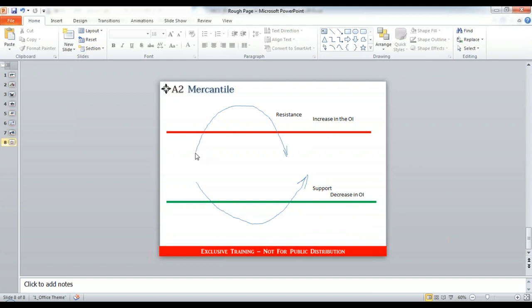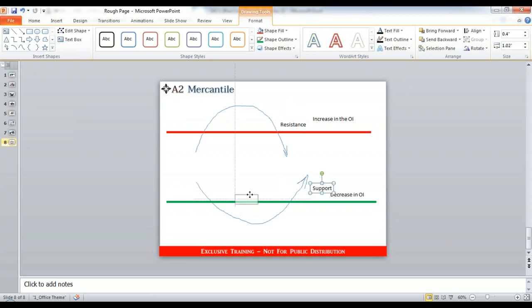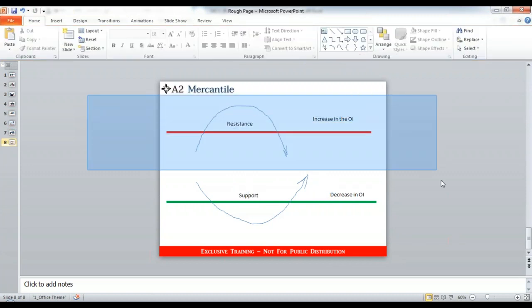The same way, if the price goes up and comes down on the next day, which means it breaks the high and returns back, with an increase in open interest, you can consider this to be a strong resistance. Correct? Okay, so this level will become a support and this level will become a resistance. So this will first happen.